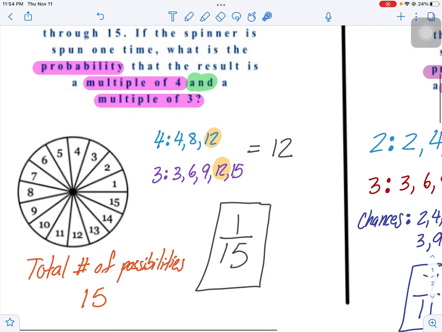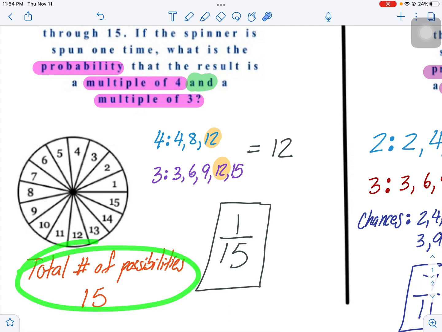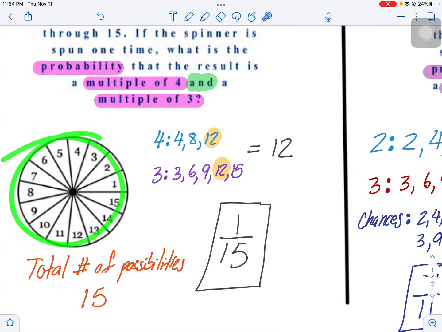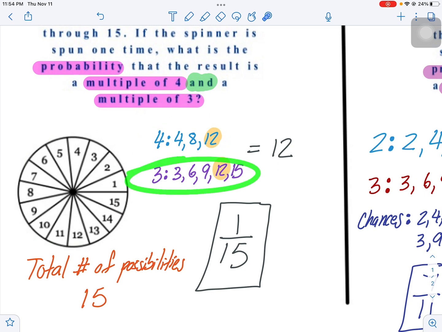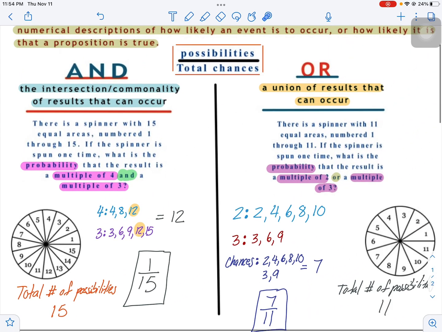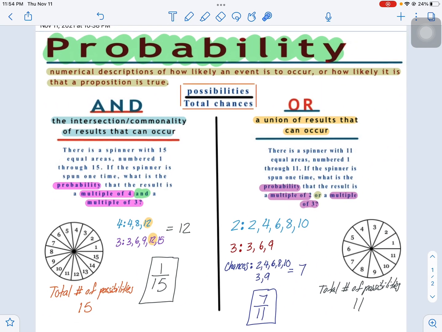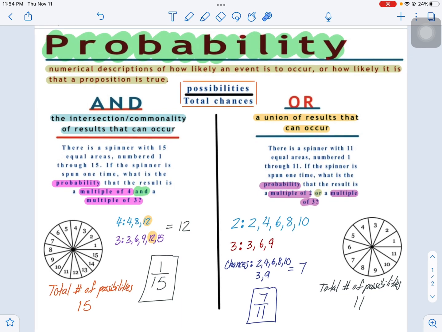Now for "and," again, identify the number of possibilities, draw the spinner, write the multiples of each number, and then write the numbers that they have in common. Those are the chances. So this was 1 out of 15. All right? So this is what your next assignment is going to cover, on this probability assignment. So make sure that you took some good notes, and I'll see you next time.